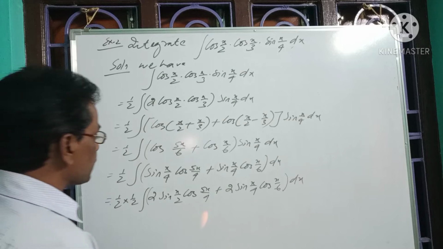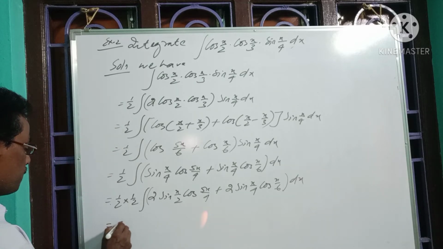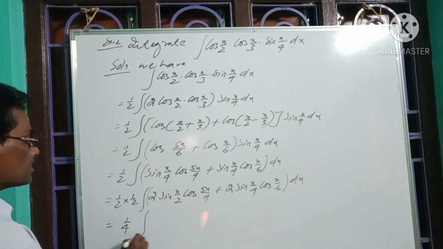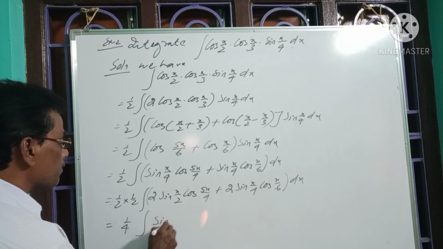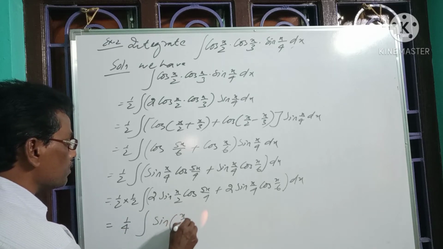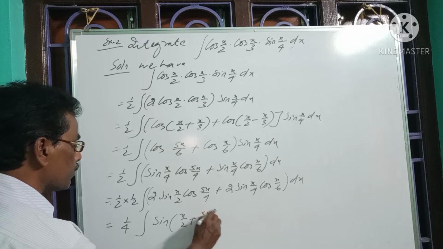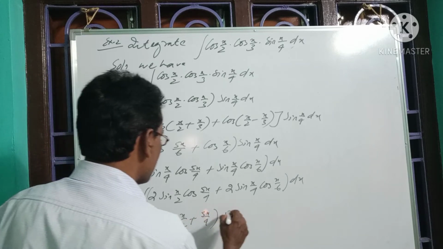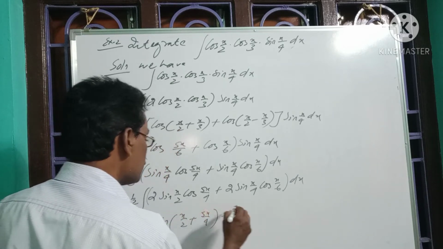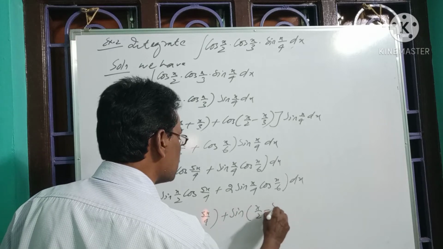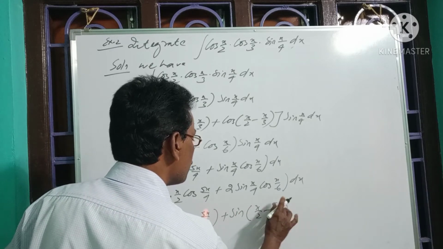So applying the formula, that is sin of a plus b plus sin of a minus b, and simplifying we have 1 by 4 integration of, this will give you sin of a plus b, means sin of x by 2 plus 5x by 4, plus sin of a minus b, that is sin of x by 2 minus 5x by 4.